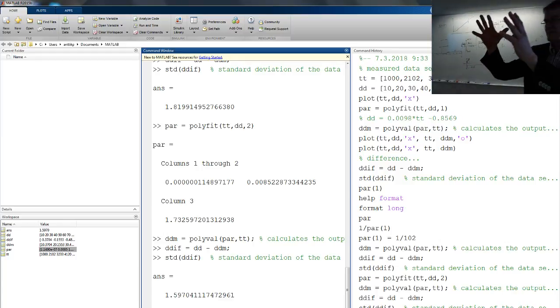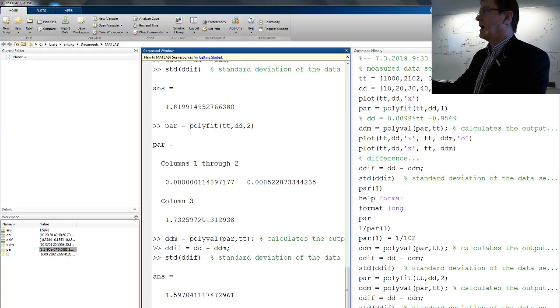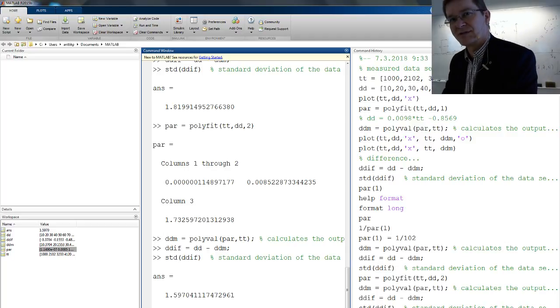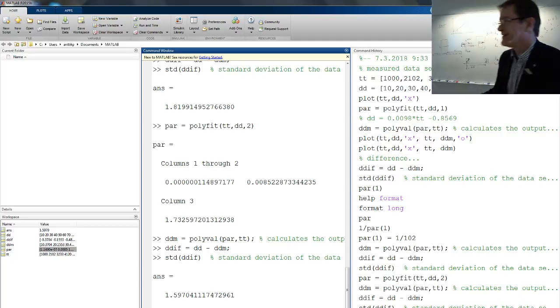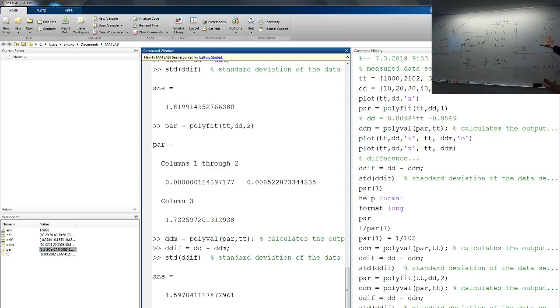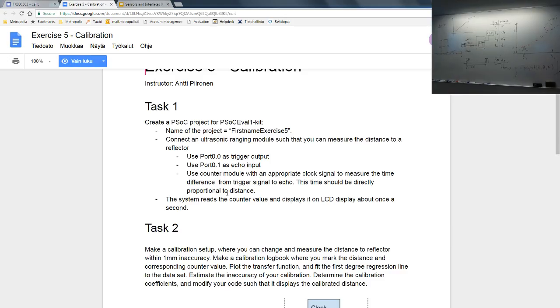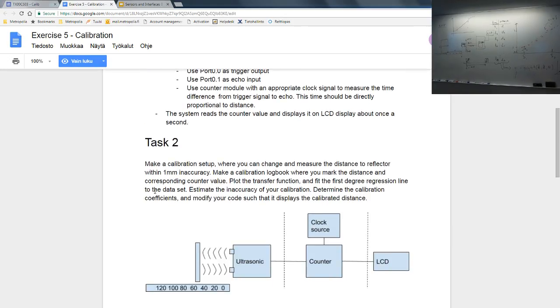I could give another 5 credit course on how to do the calibration, but for this course, this is enough. So that's why I have this exercise, basically just that setup. You can change and measure the distance of the reflector within 1 millimeter accuracy.